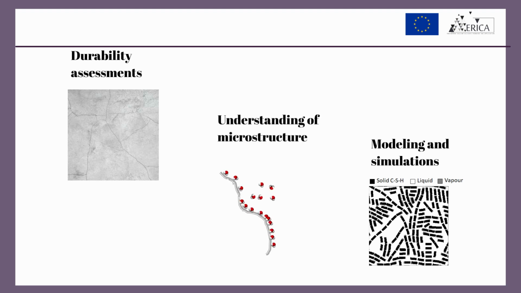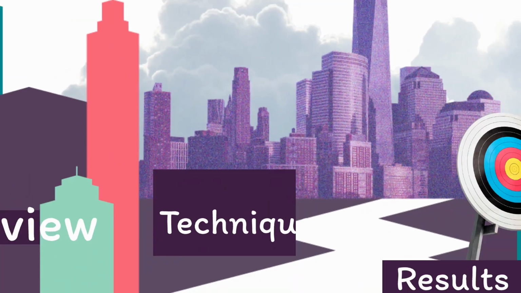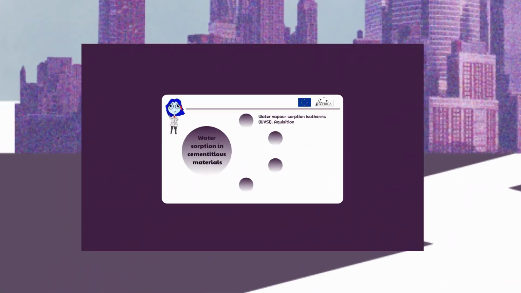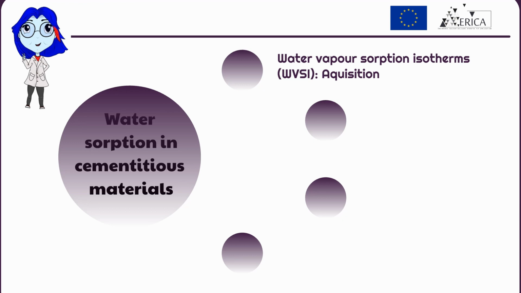Also, because of the small probe diameter of water, which is 0.28 nanometers, it can probe very small pores of the cementitious microstructure and therefore can help in the understanding of the microstructure. To pave the way for the same, we have employed 4 techniques to study water sorption behavior in cementitious materials.